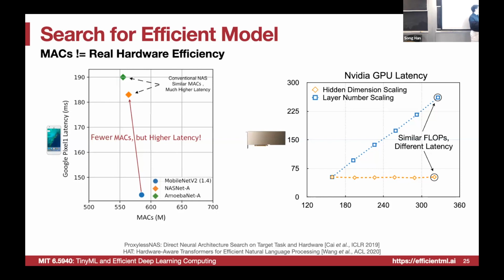But if you increase the depth dimension, the latency is going to increase very proportionally. So which is showing the flops versus the latency is not linear. Like these 2 points, they have very similar flops, but drastically different latency. So flops is not a good representation for the latency.